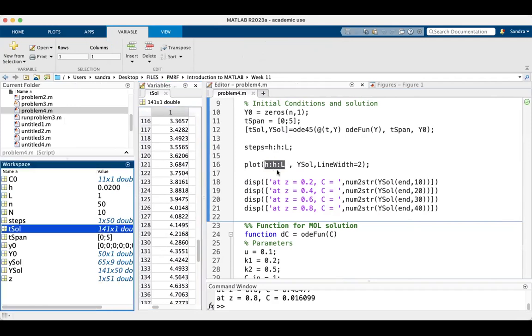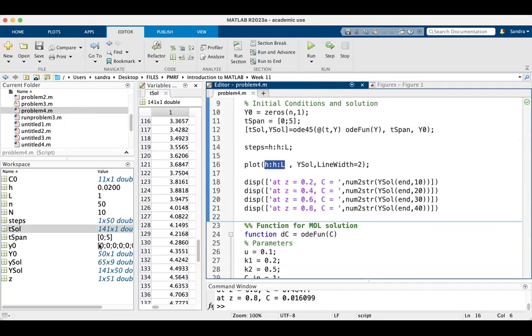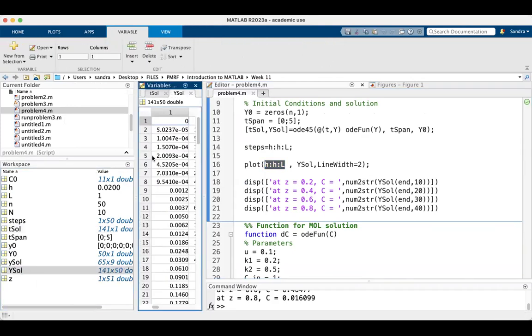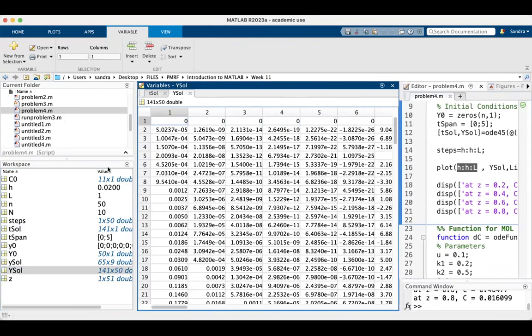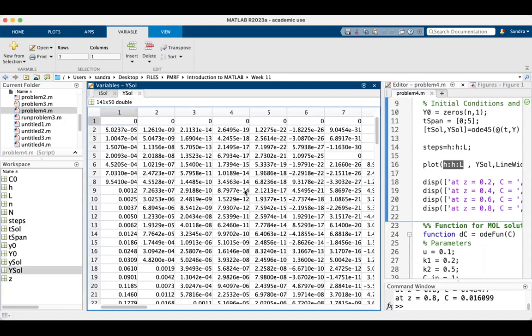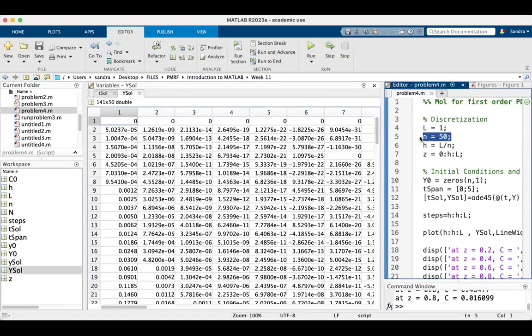So when I plot positions versus the y-sol, I'll be getting 141 separate lines. That is why you see these complicated lines, but you can see how the behavior is. Now you can look at y-sol. So it is 141 by 50. Every row corresponds to one particular time, and 50 is for the 50 grid points that you divided here. Okay, is this clear? Any doubts?